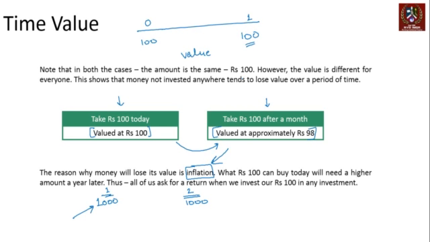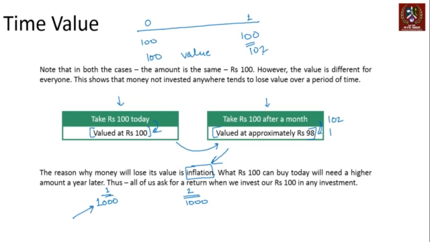So effectively the value is what we are talking at, right? So 100 today is valued at 100. 100 after a month is valued at 98. It's quite possible you would want 102 here. So in other words, 100 today would be equivalent to 102 after a month if you're assuming 2 rupees per 100 interest a month, right?